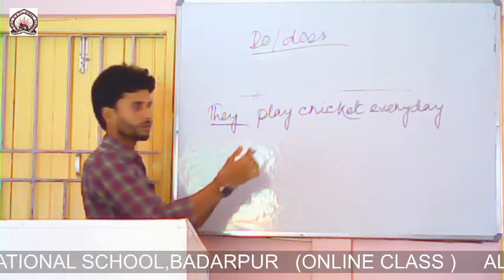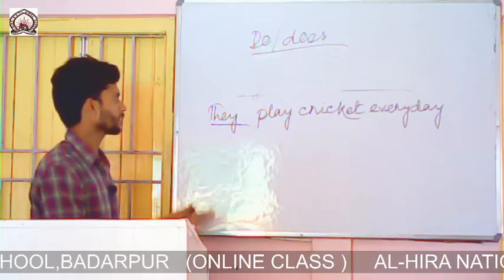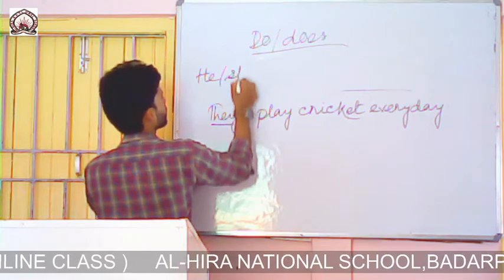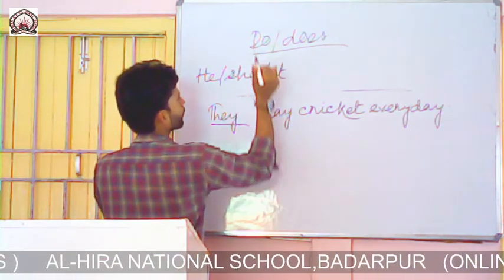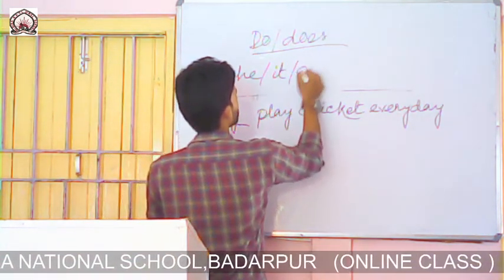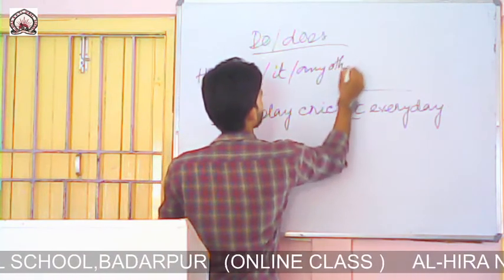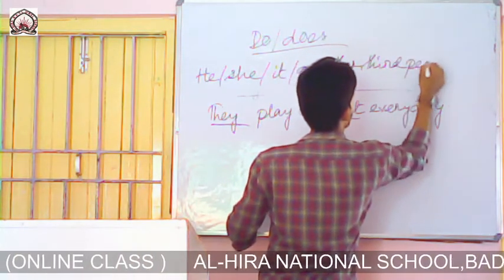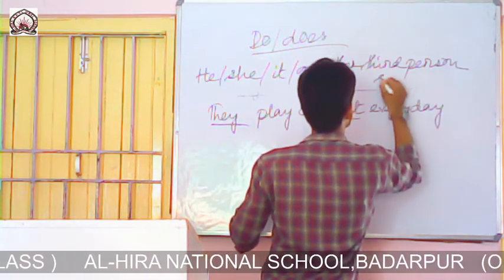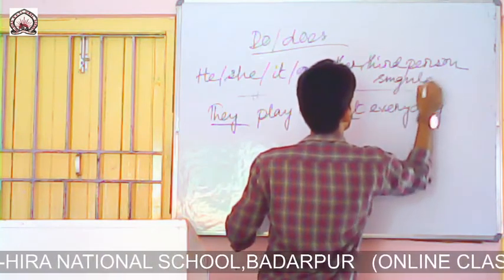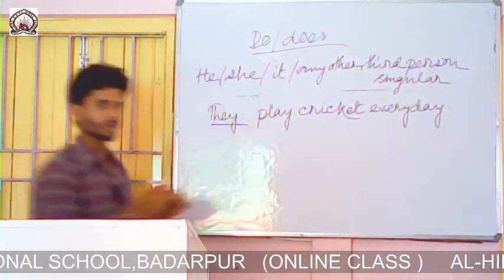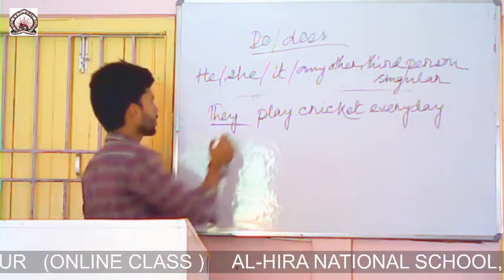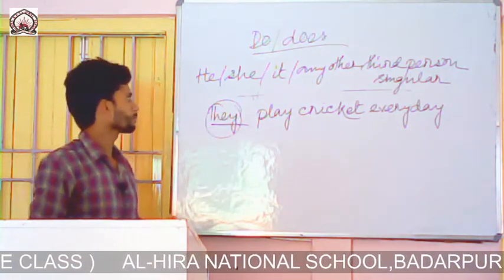So that is why in present indefinite tense or simple present tense, when the subject is third person singular, like if he or she or it or any other third person singular, what happens?